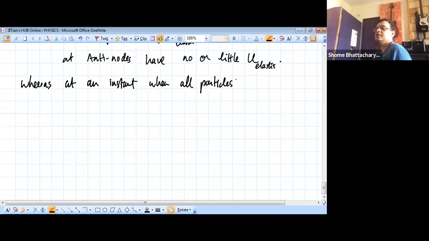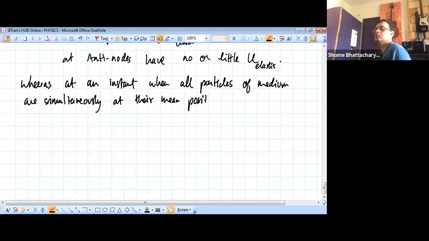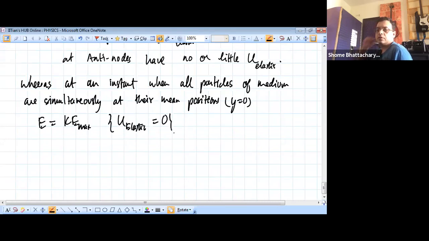So at an instant when all the particles of the medium are simultaneously going through their mean positions, that is y is equal to 0, the energy of the medium becomes pure kinetic energy. The potential energy becomes 0 because the string is not at all stretched; it's in the natural horizontal situation.